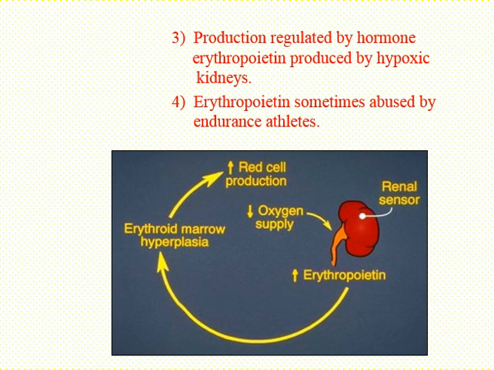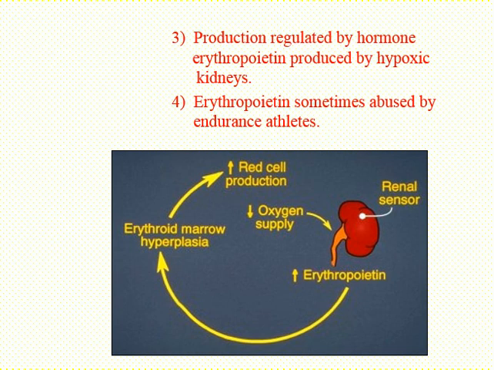I mean, early 20s, you're a professional bicyclist and you're dying of a heart attack? That doesn't make sense. Well, what had happened is they had used erythropoietin so much that their blood got so thick that it caused the blood to clot in the heart. And these athletes then died of heart attacks from excessive use of erythropoietin.